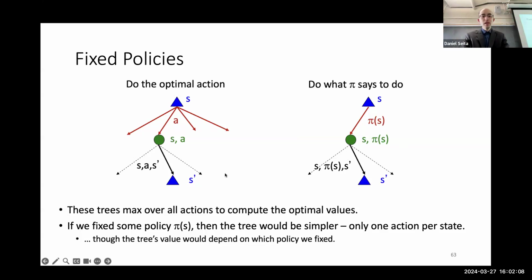And those circles are the state and action after we have committed to that action, but before we have resolved it by executing it and going to the successor state. Today we'll see some other types of diagrams, which are a little bit different from this too.